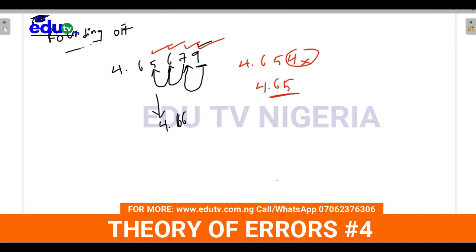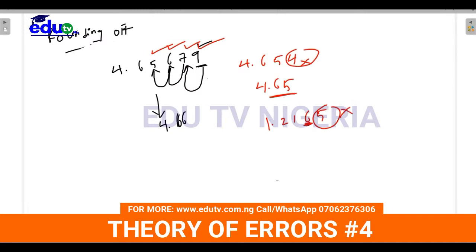Right, so if we have 1.2165. 6 is even, so 5 cannot round it off.